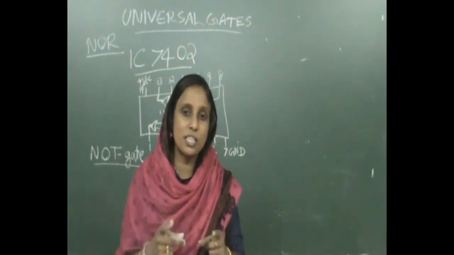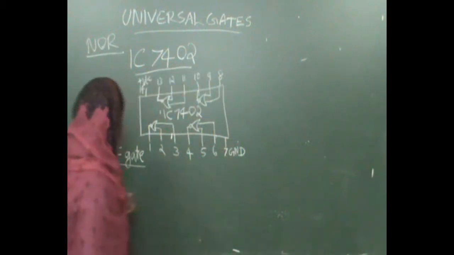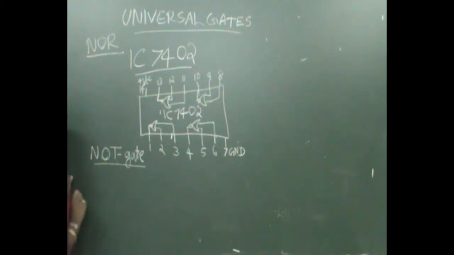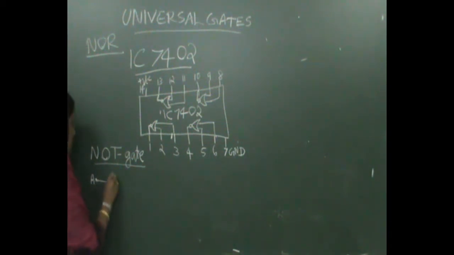So we want to short one of the inputs. That means, suppose this is the input A, then you have to give the same input to both inputs of the NOR gate.